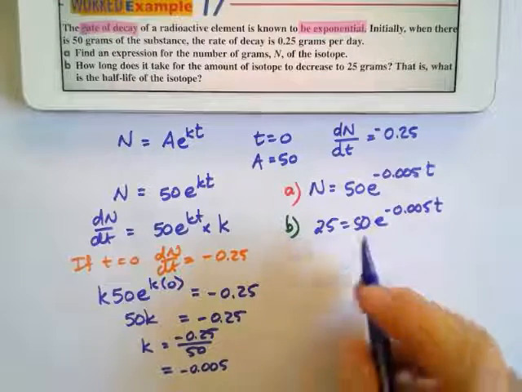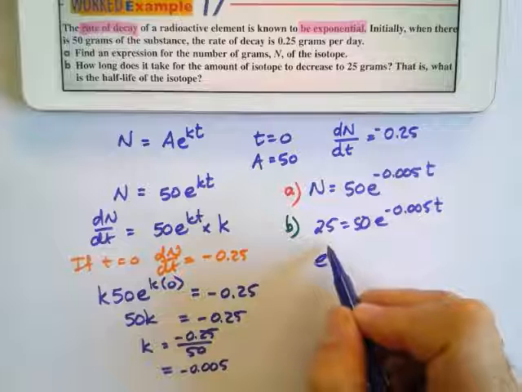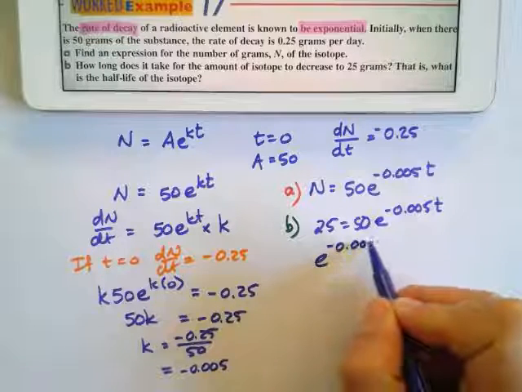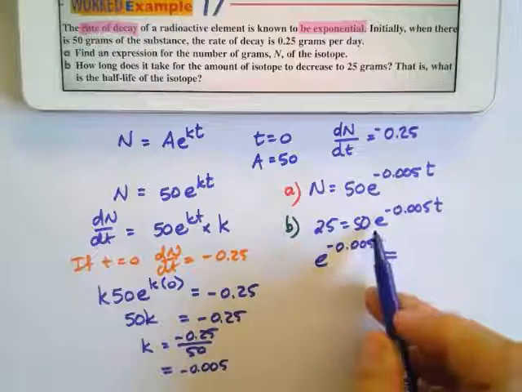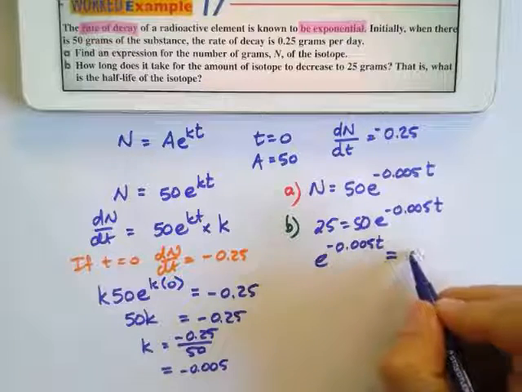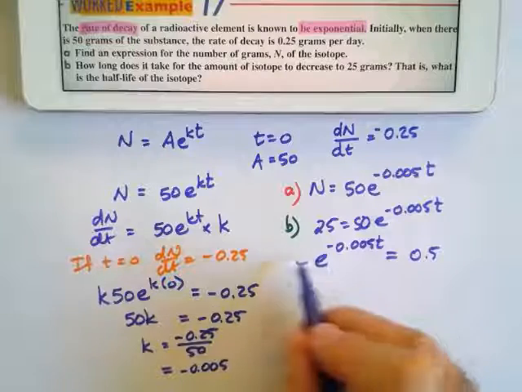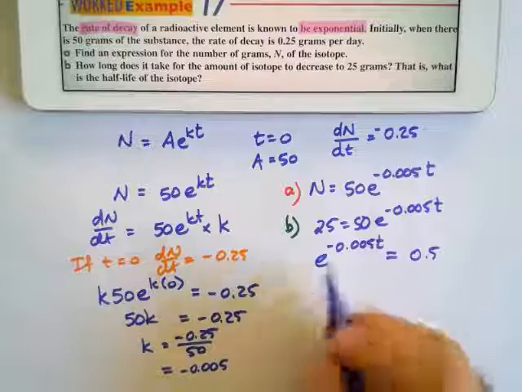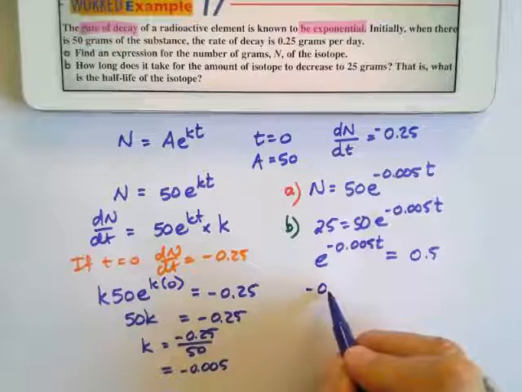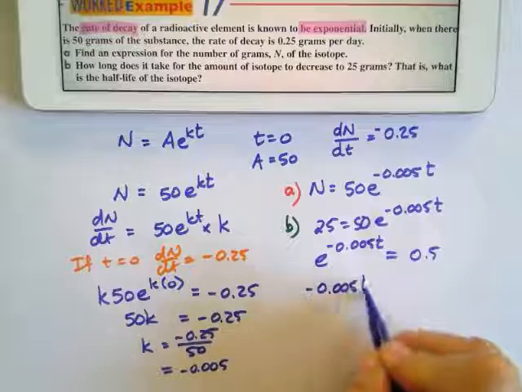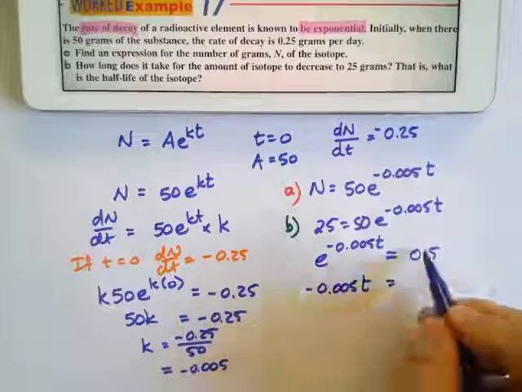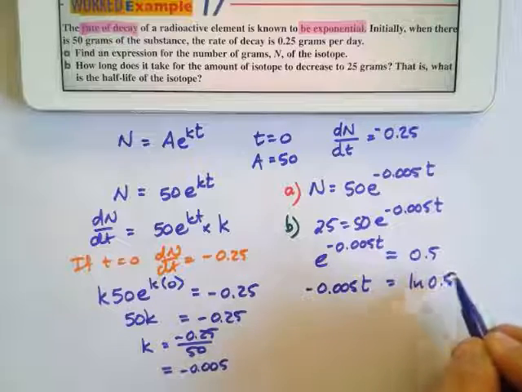Divide by 50 on both sides, so e to the power minus 0.005 t equals 25 divided by 50, which is 0.5. I'm going to take ln of both sides. If I take ln of both sides, the exponent goes to the front, it becomes negative 0.005 t, ln e is 1, and that equals the ln of 0.5.